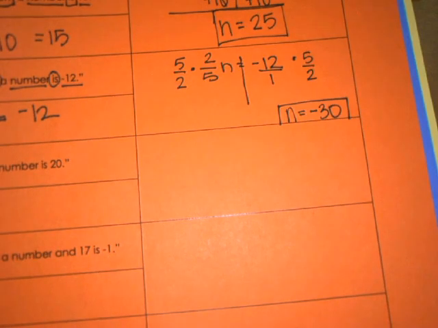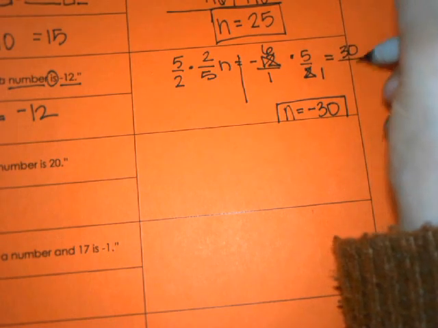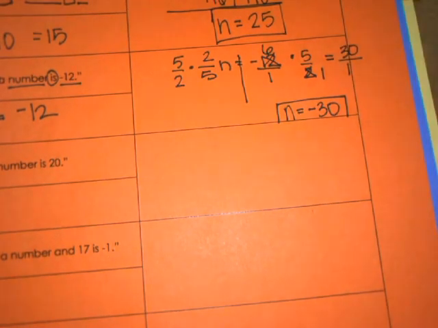I can cross cancel. The 12 becomes a what? 2 becomes a what? 6 times 5 is over, which is why it is a -30. Do we all remember that? If you don't remember the whole multiply by the reciprocal, do the division and then just remember how to divide with fractions. Got it, guys?